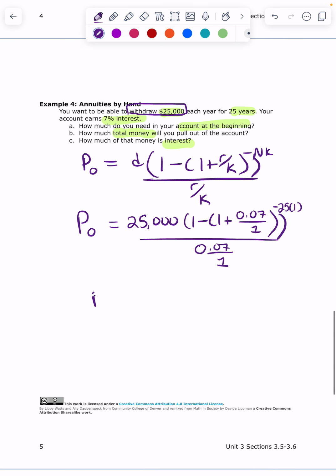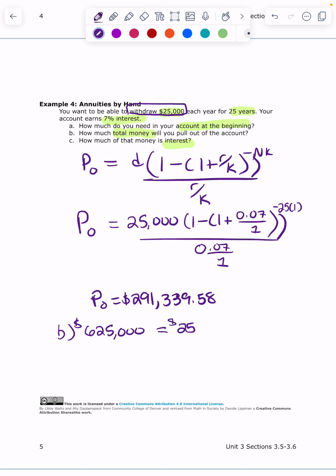So we get that P sub 0 is $291,339.58. And the total paid out is $625,000. You can also find that by just multiplying the 25,000 by 25 years by 1 time a year. And then C is how much interest is earned.